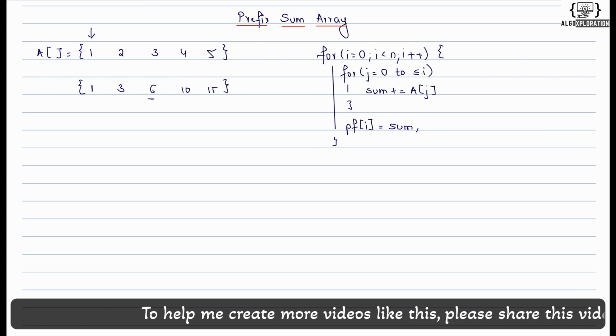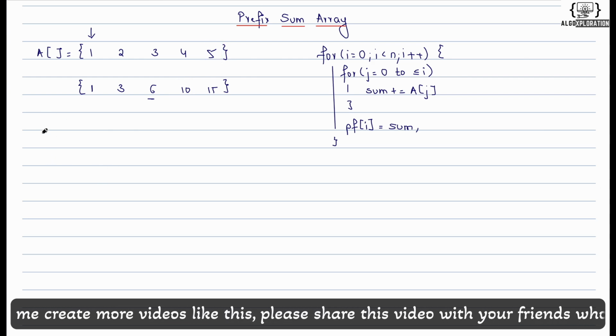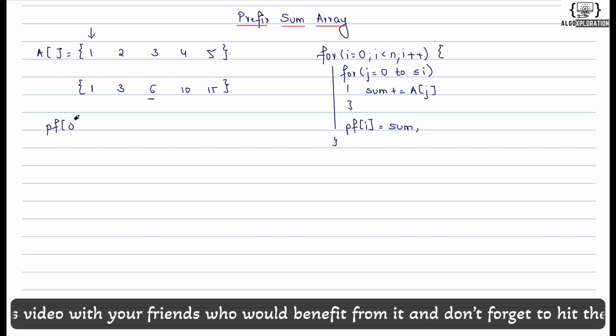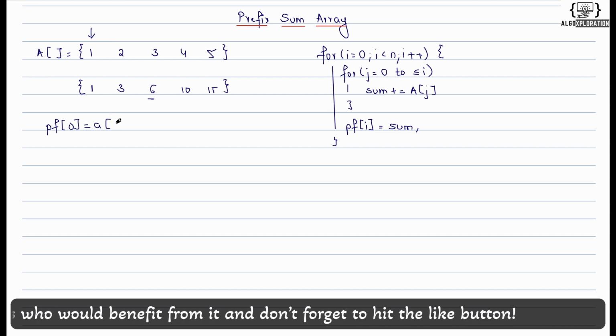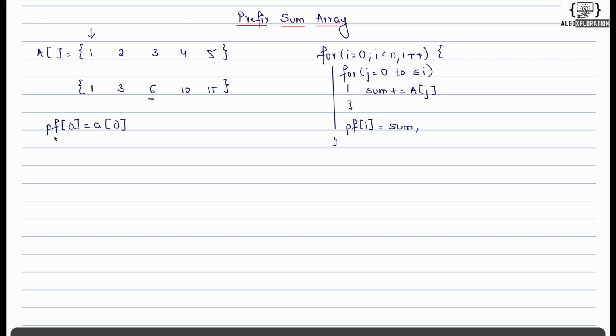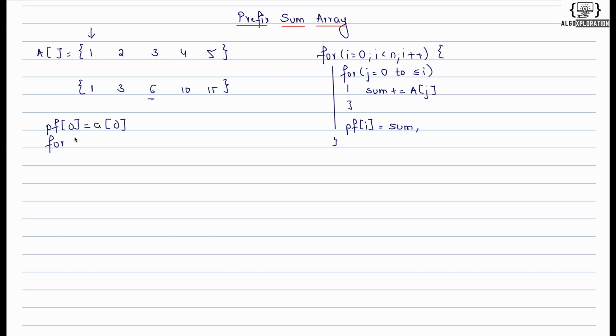So first of all, pf of 0 is equal to a of 0, because here we can simply copy this element as there is no sum in it. Now we can have one for loop in which i runs from 1 till n. Why 1? Because we already stored pf of 0.